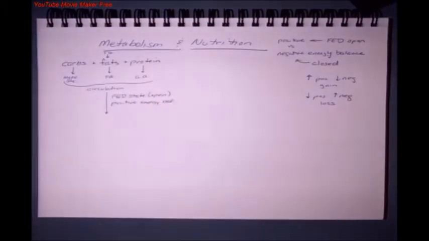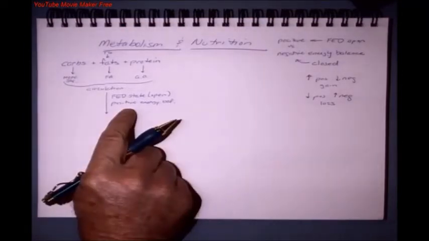So if you were to look at the energy balance sheet of your body after you eat, you would be able to say, here's how much I'm taking in, here's how much I have available to me, and there's actually more than what you're ingesting.